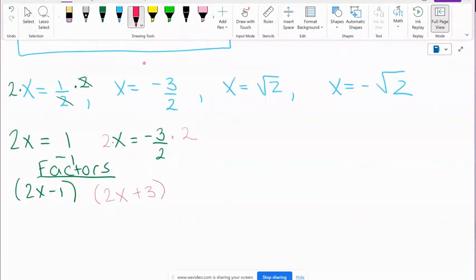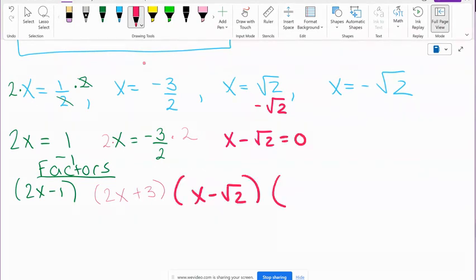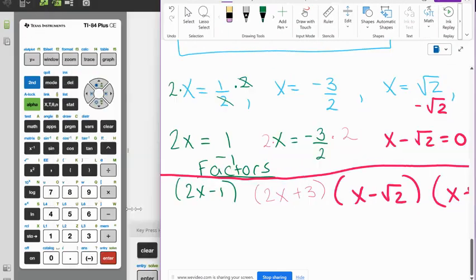For these two, can I just subtract that root 2? Yeah, so it's going to be minus root 2. So it's going to be x minus root 2. And what about that last one? What's it going to be? X plus root 2. These are our factors.